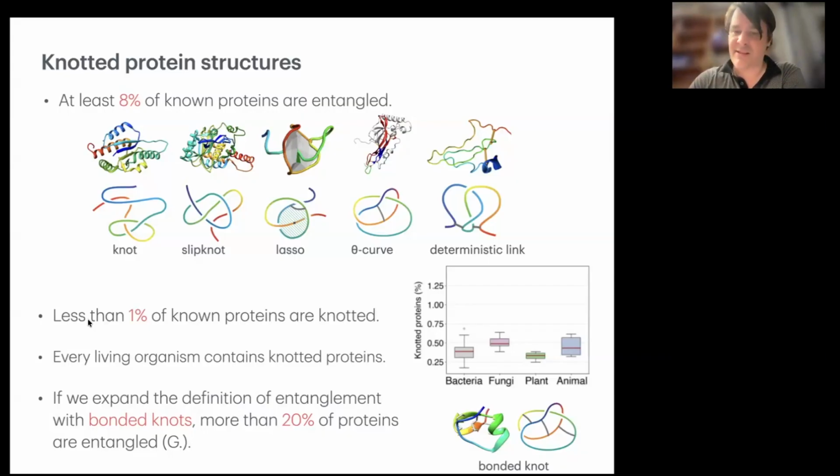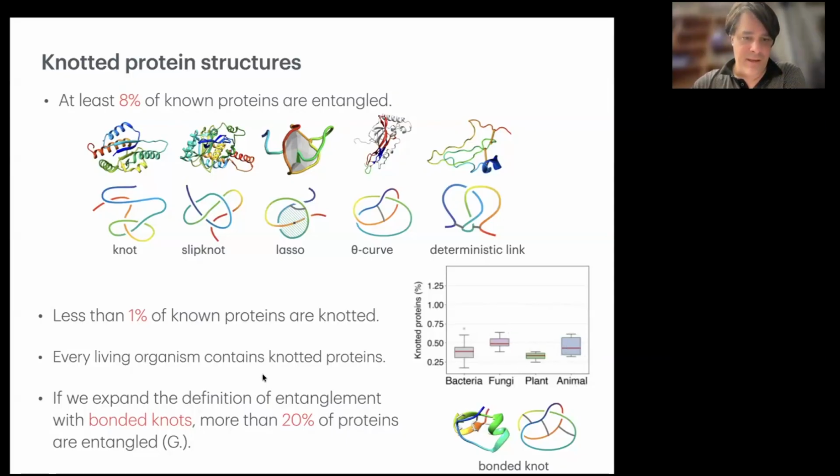I have this graph from a paper of Joanna Sulkowska, where they studied how many knotted proteins organisms have in their families: bacteria, fungi, plants, animals. We see that fungi have a bit more knots in general, but animals are also quite knotted.